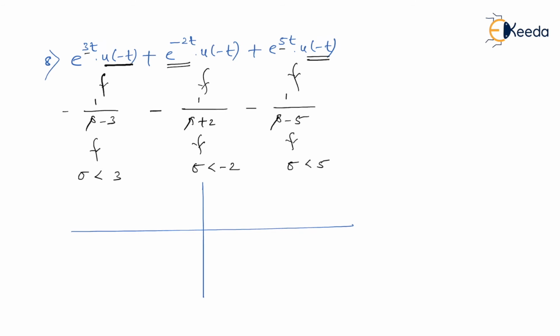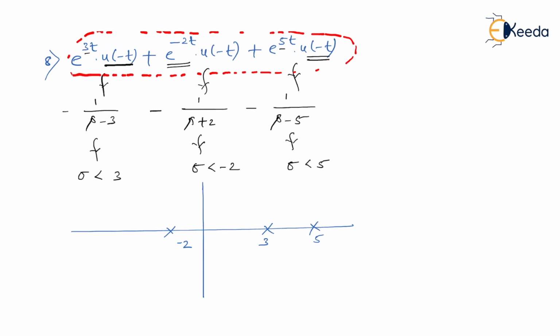So let us plot the poles first. One pole is present at positive 3, the other pole is present at positive 5, and one more pole is present at minus 2. Am I right? By observation, each and every function stated over here is an anticausal function, and the linear combination of all anticausal functions together will finally result in an anticausal function. So the whole function would be considered as a single anticausal function.